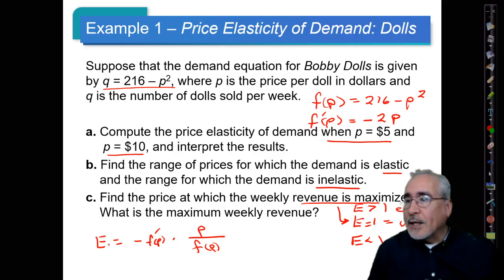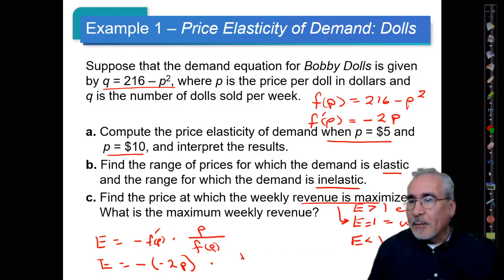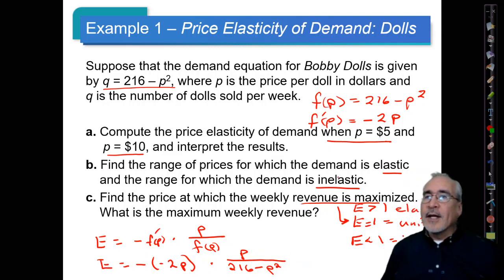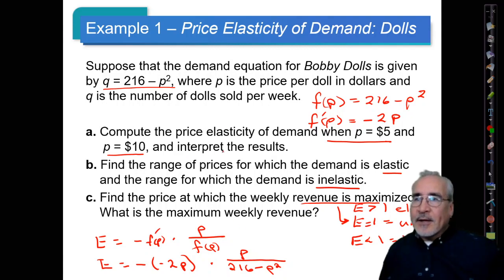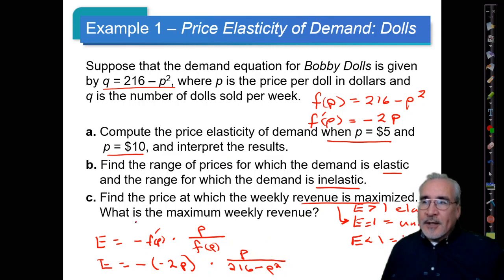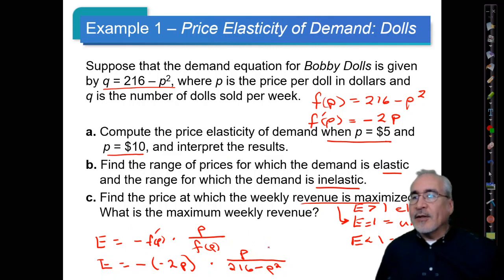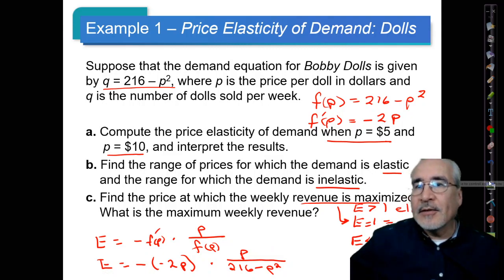So in the end, we end up with E is going to be minus negative 2p times p over 216 minus p squared. Okay, so that's what we're going to be working with. We've got some prices here. You could simplify, but we could also just start plugging in the 5, plug in the 10. We'll get those found out. And then we could set E equal to 1 and solve this equation. But let's go ahead and let them take a look.